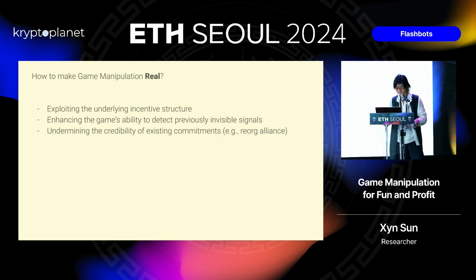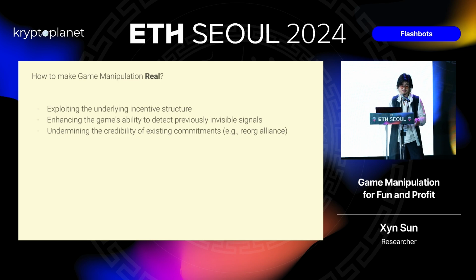One way you could win, which happened to Ethereum a few years ago and was very hot, is the discussion on reorg alliances. Reorgs are essentially like a short-term 51% attack that you could do to make previously, quote-unquote, finalized contracts be switched to other contracts.